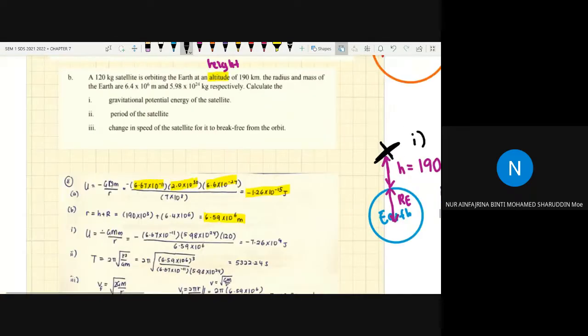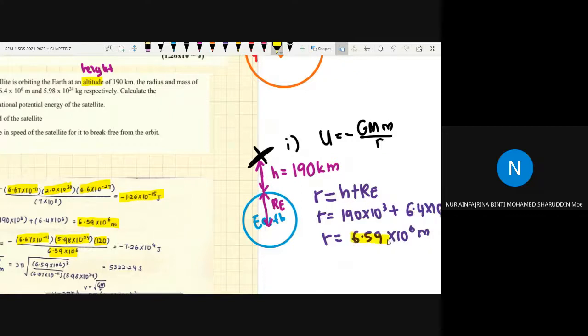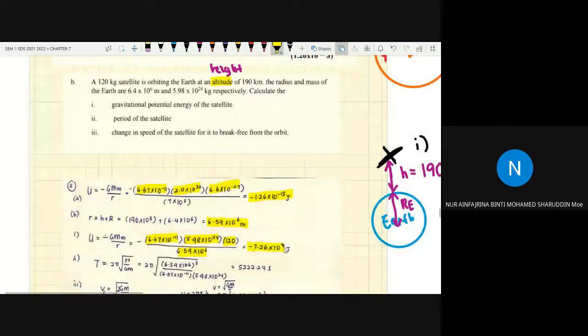Okay, now do we know who the point mass is? The point mass is the Earth and the test mass is the satellite. So after you put in 6.67 times 10 to the power of negative 11 multiplied by the mass of Earth, multiplied by the mass of the satellite, divided by the distance, the distance that Miss found, 6.59 times 10 to the power of 6 meter, you will get negative 7.26 times 10 to the power of 9 joule. Okay, can?